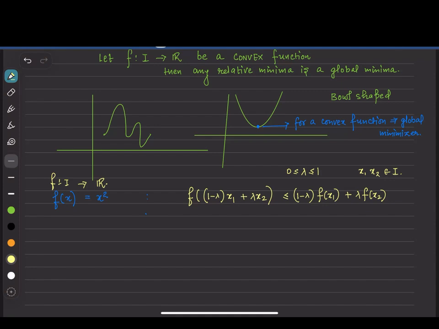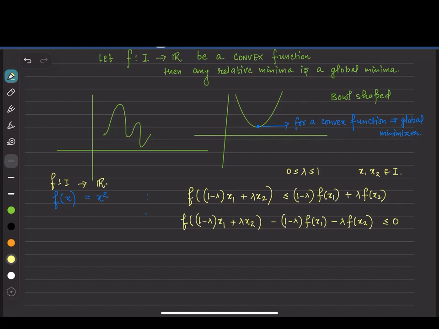So we need to make sure this inequality holds for this function f of x. That means we need to make sure that f at (1 minus lambda) x1 plus lambda into x2, this minus (1 minus lambda) into f(x1) minus lambda into f(x2) is less than or equal to 0.